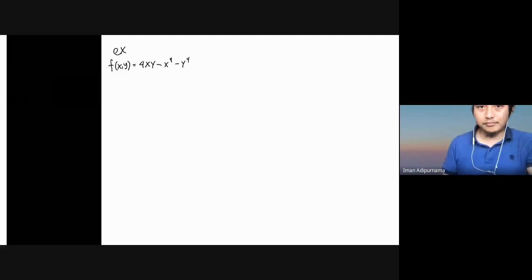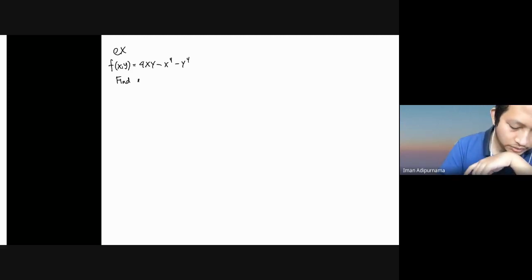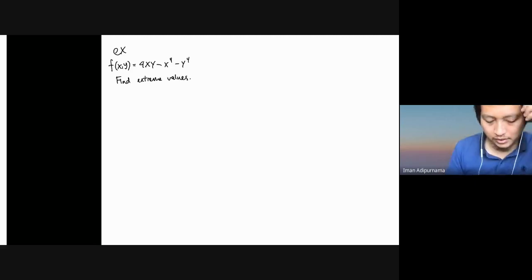Maybe a simple function first. Find extreme values. So if you are asked to find the extreme values, it means you need to find the maximum, minimum, and saddle point, if there is a saddle point.